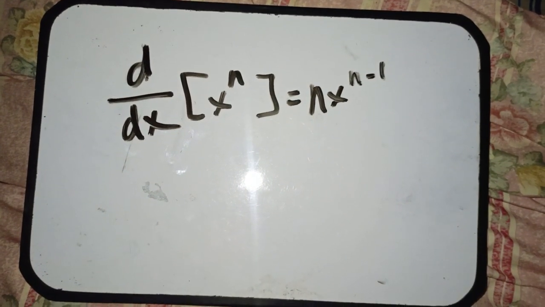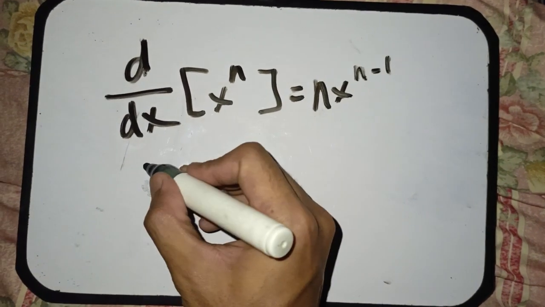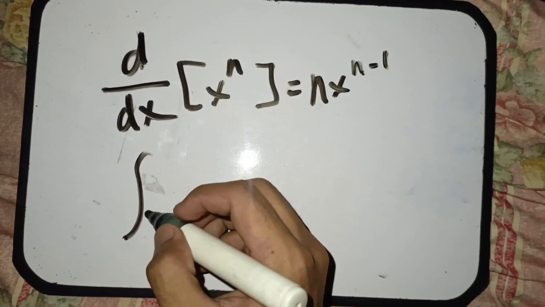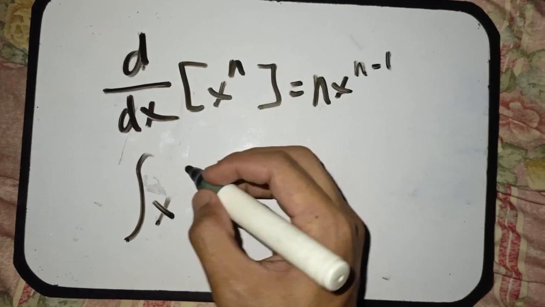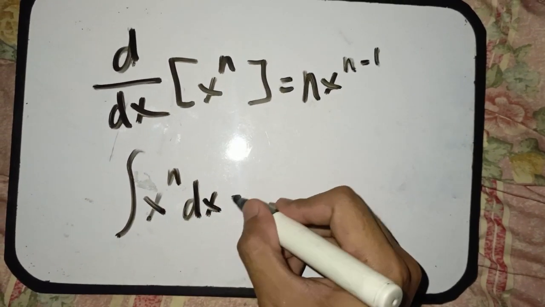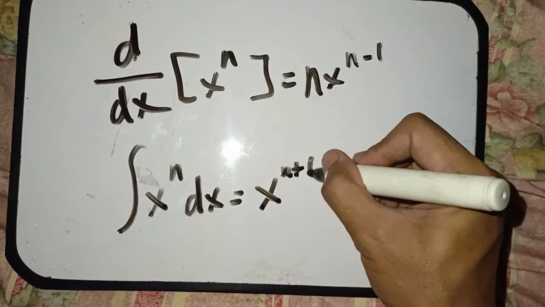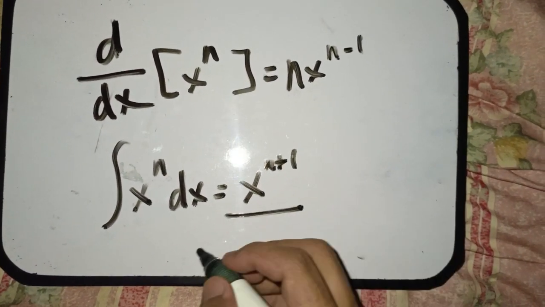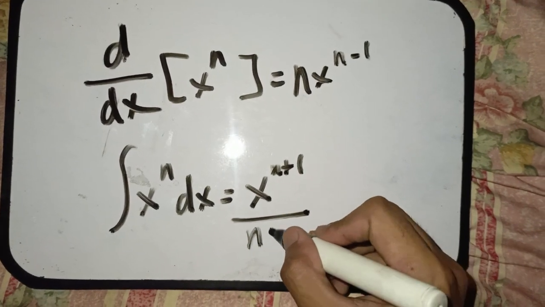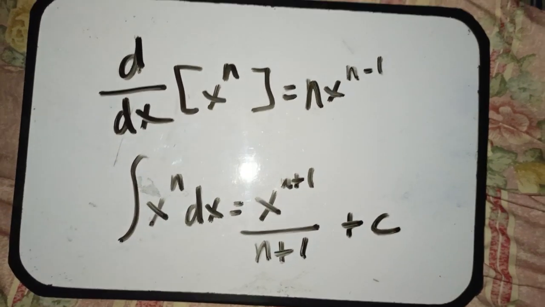On integration and antiderivatives, we'll use this formula: the integral of x raised to n dx equals x raised to n plus 1 over n plus 1, plus c, which is the constant.